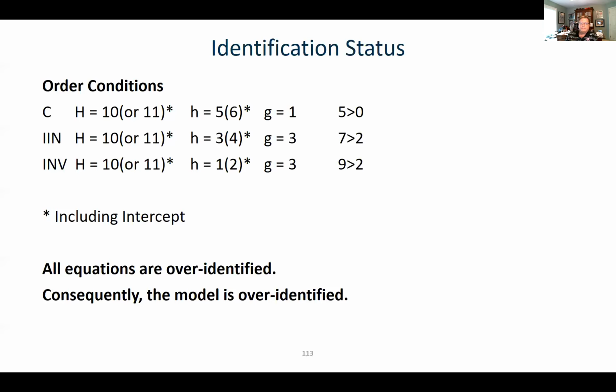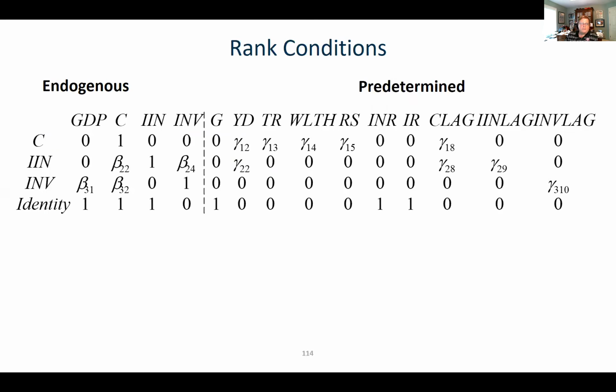And even though GDP, for example, is a deterministic equation, it does play a role in the rank conditions, meaning we'd have to find at least one non-vanishing determinant of rank 3 of all coefficients that were excluded from the C equation, and that would be the GDP, IIN, INV, G, INR, IR.